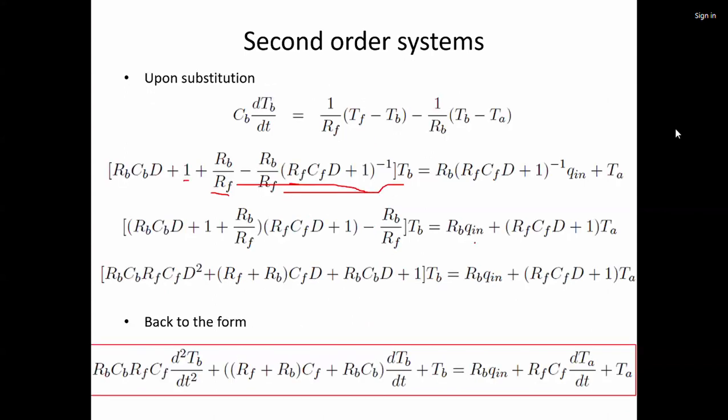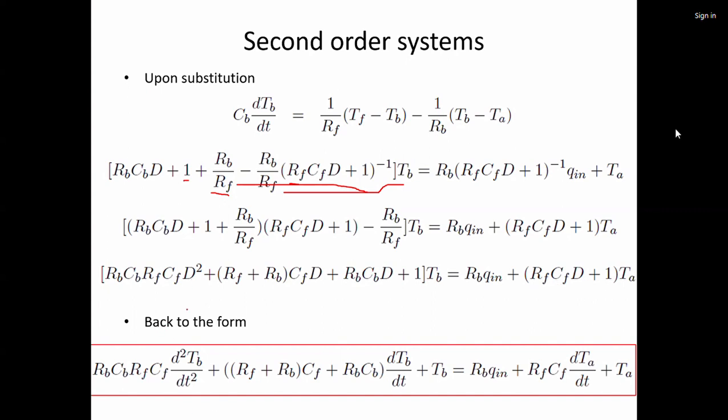Then you do some adjustments, so if you just open the bracket and do the adjustment, you can see that this equation you're going to get: (RB CB RF CF D square plus (RF plus RB) into CF into D plus RB CB into ... plus 1) into TB is RB QN plus (RF CF D plus 1) into TA.